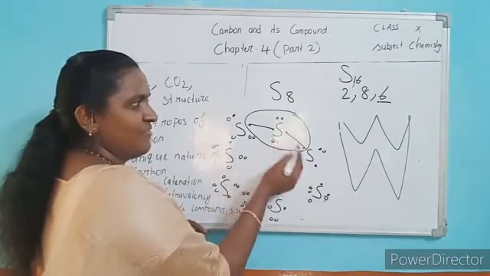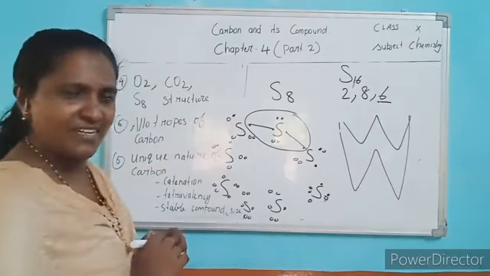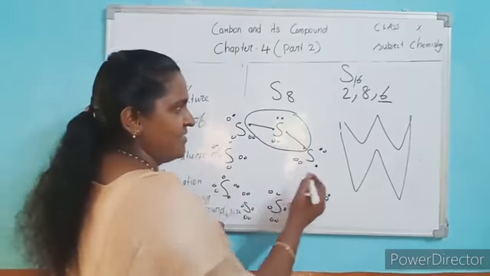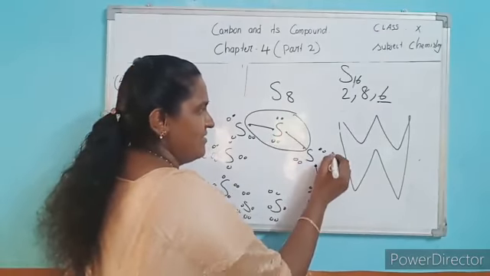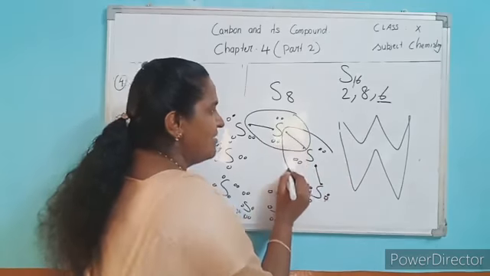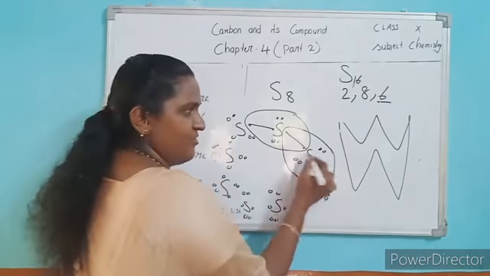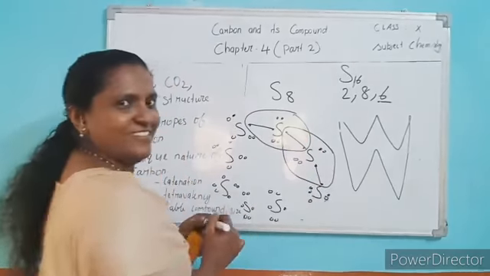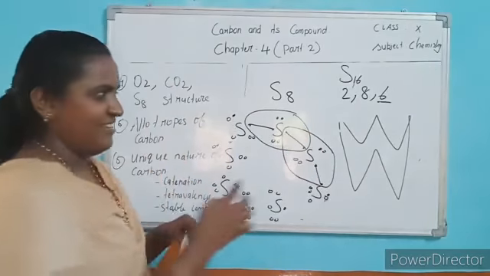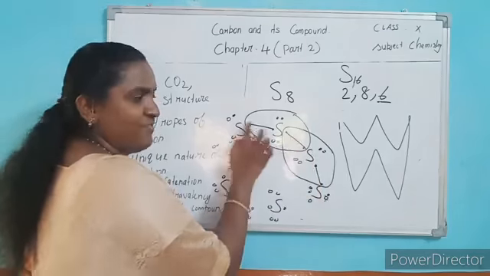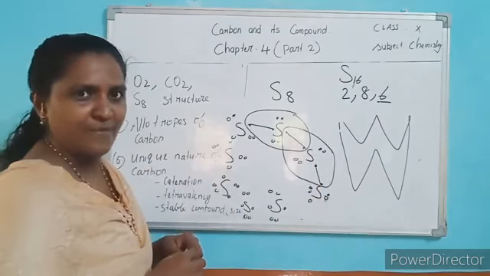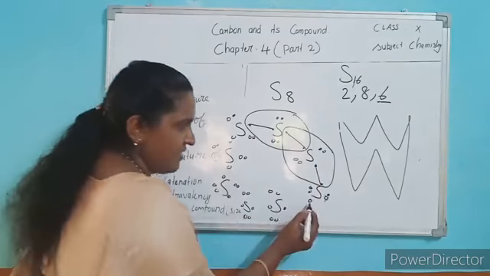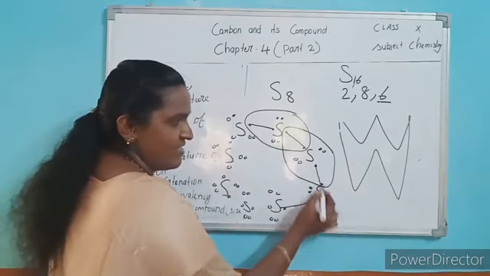Look at this: 1, 2, 3, 4, 5, 6, 7, 8. Clear? Now look at this sulfur: 1, 2, 3, 4, 5, 6, 7, 8. Each sulfur forms 2 bonds. Clear? Next. These sulfurs form 2 bonds.